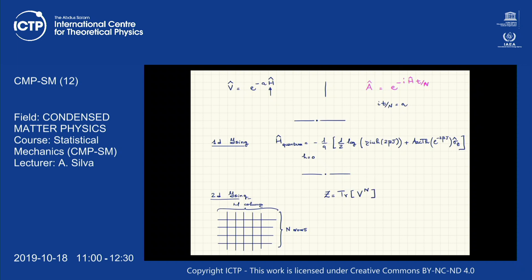But the matrix V is not a 2 by 2 matrix, because it's going to be the matrix that connects the configurations of different rows. Right? So the index of the matrix is going to be the sigma that corresponds to all the configurations of a row.